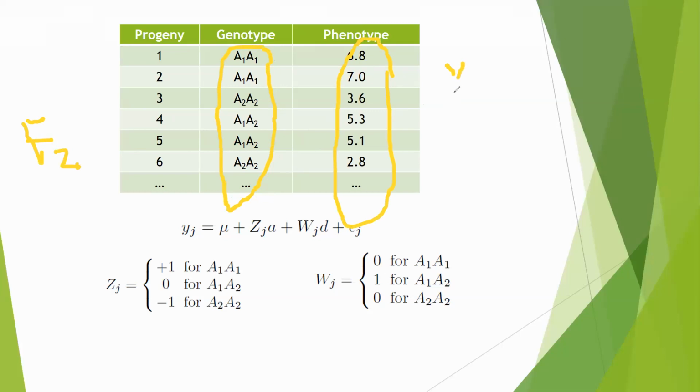We simply use this model to test whether additive or dominant effects exist. This is an indication of the association between this locus and the trait. However, today it's different.